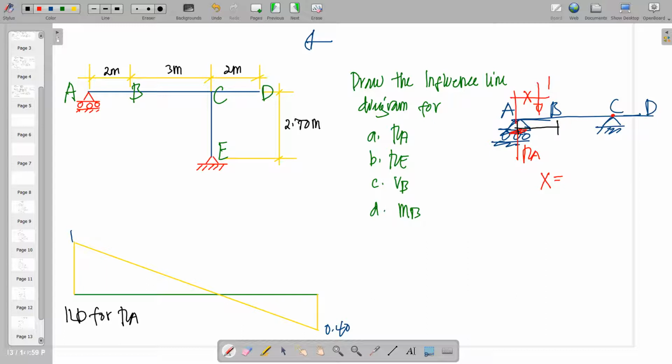So this is 2, this is 3, and this is 2. So an equation for x that is less than 5, or 5 minus. So writing the equation, summation moments at C is equal to 0.